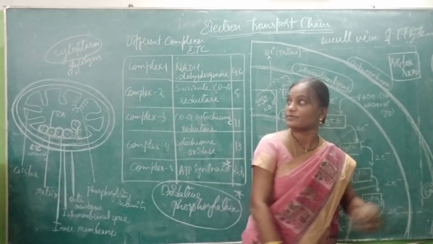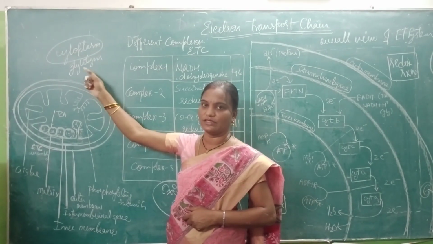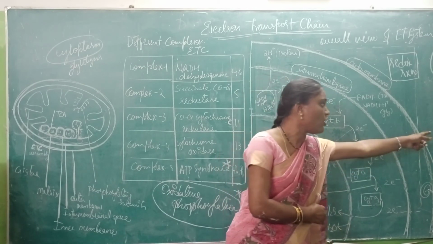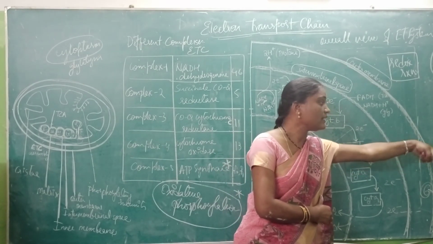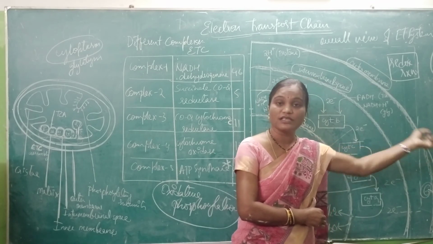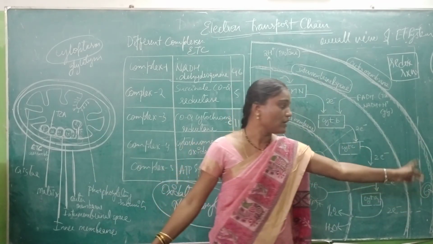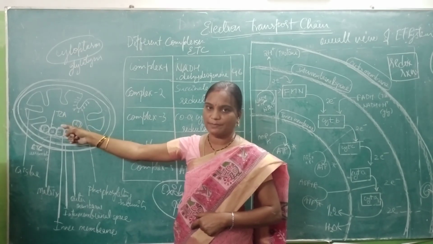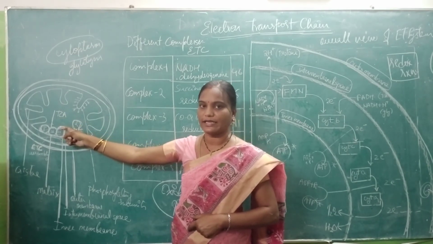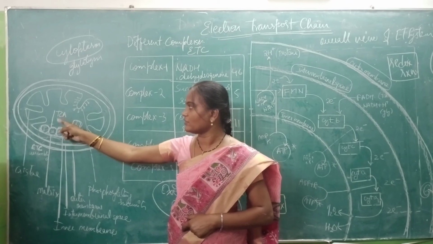That takes place in your cytoplasm. Next, the formed pyruvic acid will convert into acetyl-CoA by release of 1 more NADH and H plus, and this acetyl-CoA will enter into your matrix, that is your Krebs cycle or TCA, tricarboxylic acid cycle.